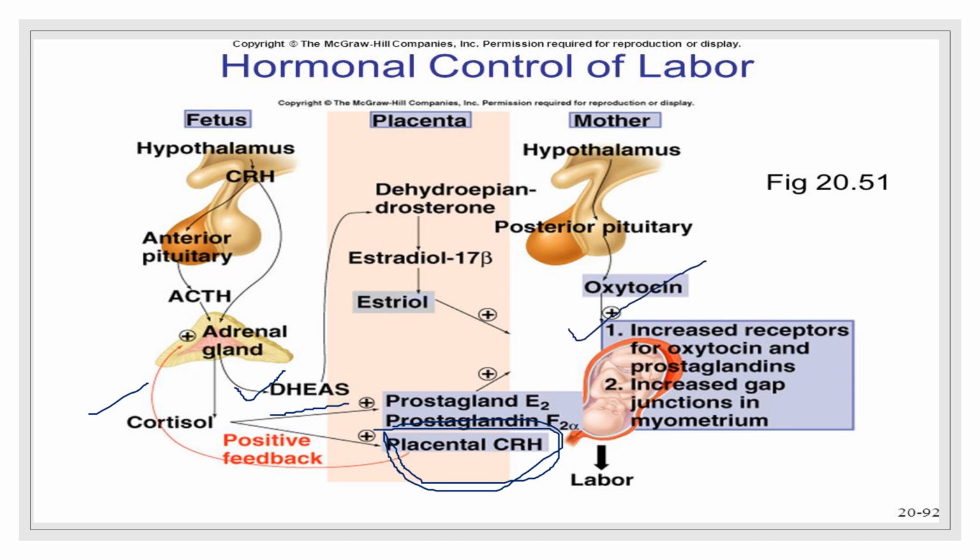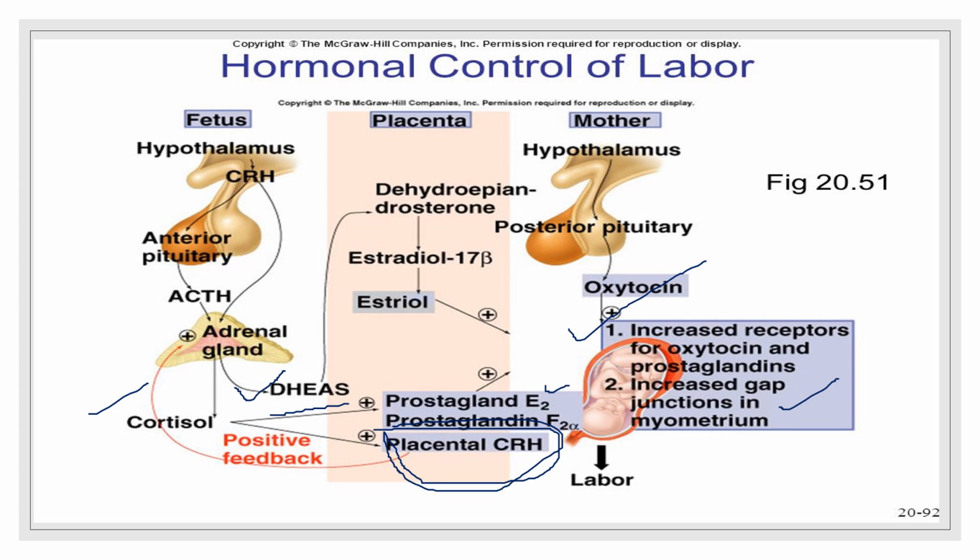How does it make the uterus very excitable? It increases the gap junctions in the myometrium. It causes the production of more and more prostaglandins, which in turn cause uterine contraction.